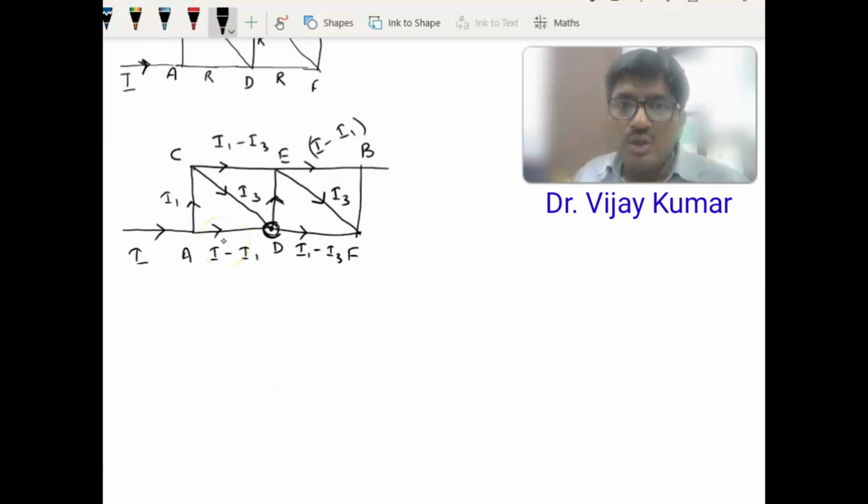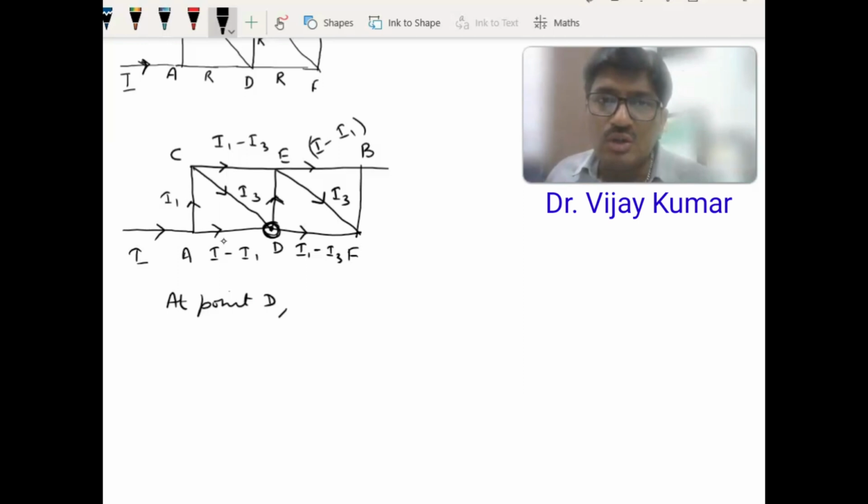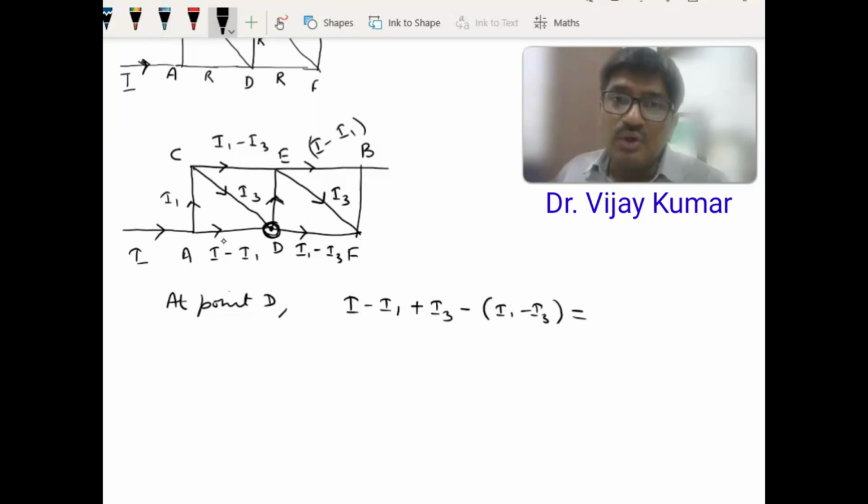Now apply Kirchhoff's first law at point D. The current coming towards D is I minus I1 and also I3 from C to D. If we take coming current as positive and going current as negative, then minus I1 minus I3 is the current flowing from D to E.